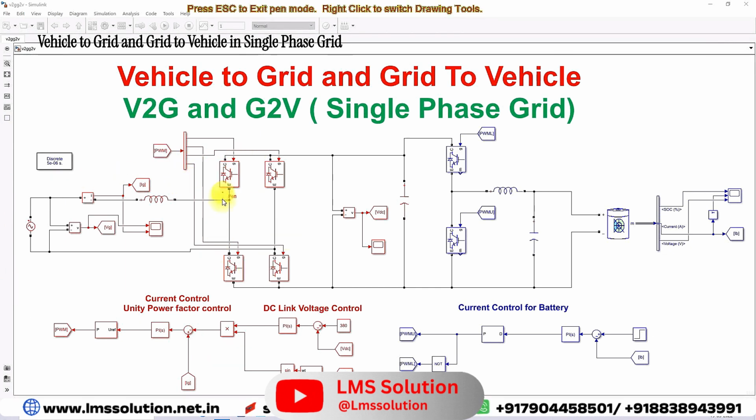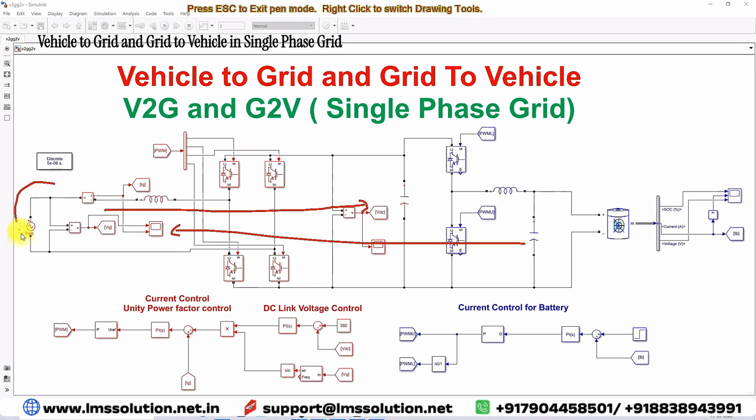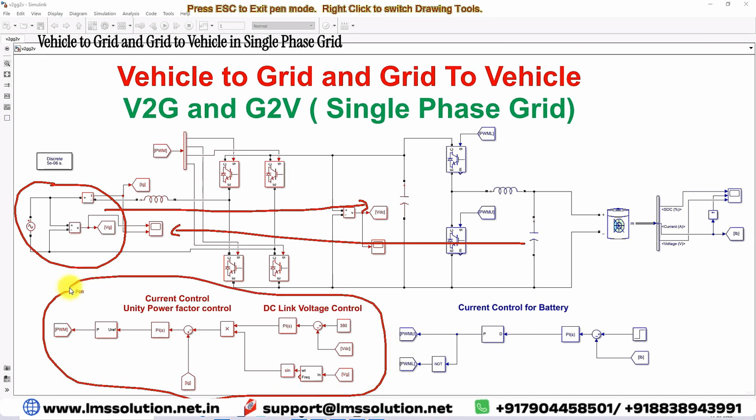It controls the single phase H bridge inverter IGBTs in order to send the power from the grid to the battery or from the battery to the grid, and this system always operates under unity power factor condition, and also the THD will always be less than 5%. For that only we are creating this control, the DC link voltage control and the unity power factor control, or current control, in the AC side.